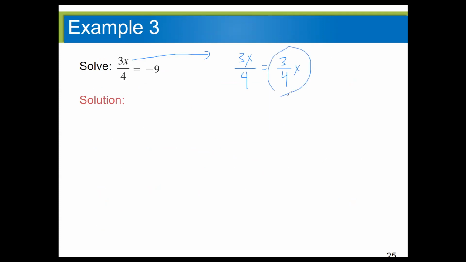So if you rewrite the equation as 3 over 4 times x equals -9, then it's probably kind of obvious what you need to do, which is multiply both sides by 4 over 3. These cancel then, kaboom, smash, bang. So you get x equals -9 times 4/3, which is x equals -12, right?